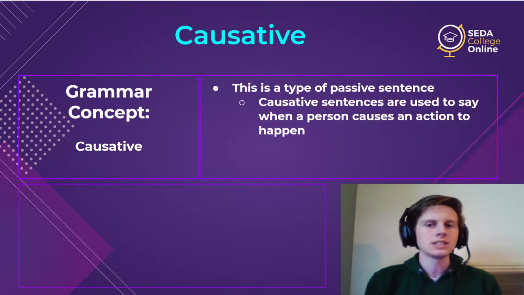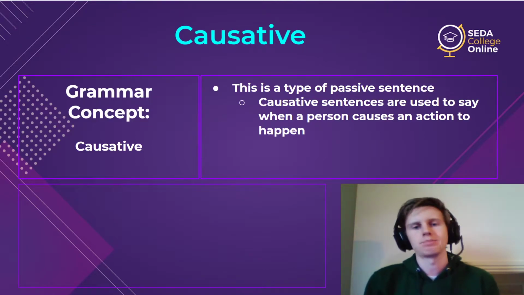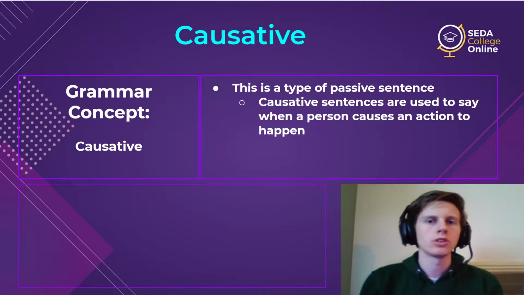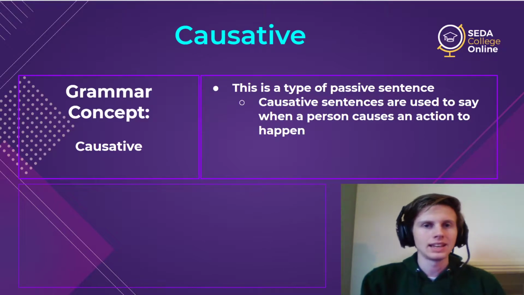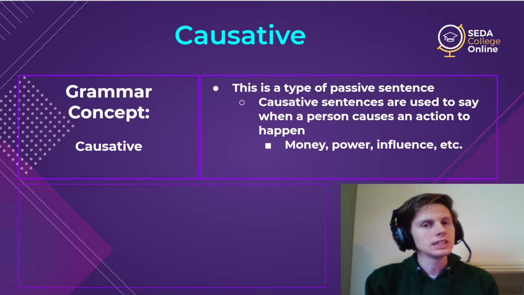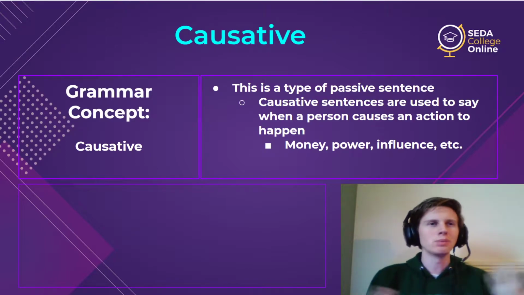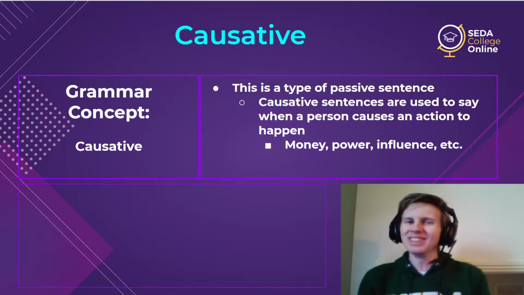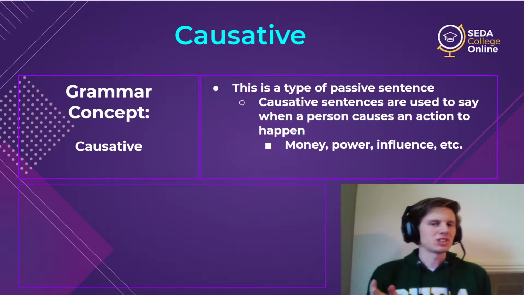And this passive sentence is one where one person causes an action to happen. So they are the reason that something happens or something changes or something gets done. Usually this is by money or power or influence. I think only rich people do this. But no, not just rich people and wealthy people, but all people use the causative.